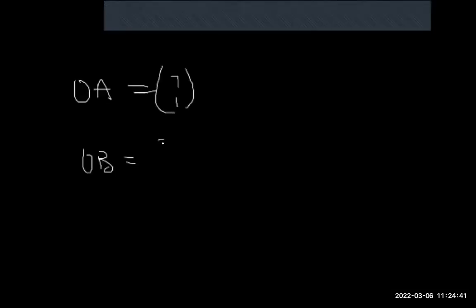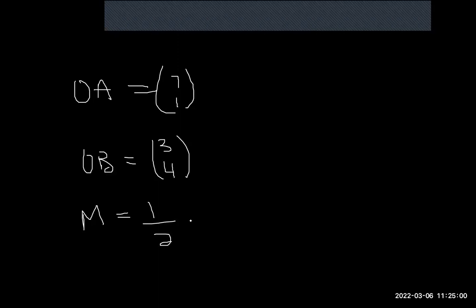Okay, so OA is (7, 1), OB is (3, 4), and they told me that M is actually the midpoint of AB. Because M is the midpoint of this vector AB, I know that it's a half of AB.